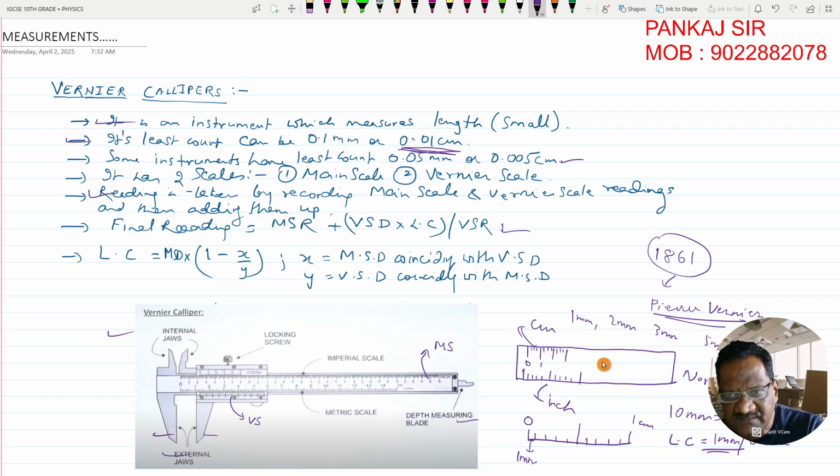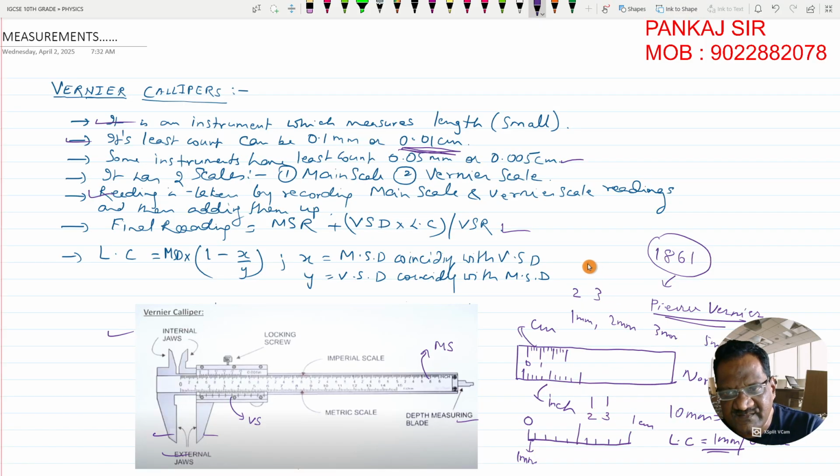But suppose you want to measure a length which is between 2 and 3 millimeter, then you will be in a fix, because between 2 and 3 millimeter you don't have any divisions or markings, so you cannot measure any distance between 2 and 3 millimeter, right?